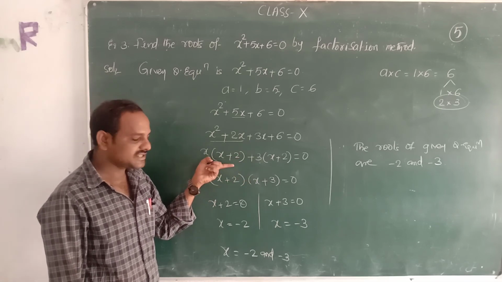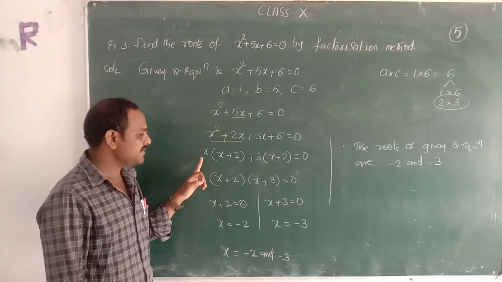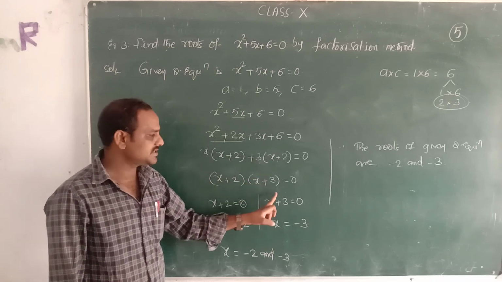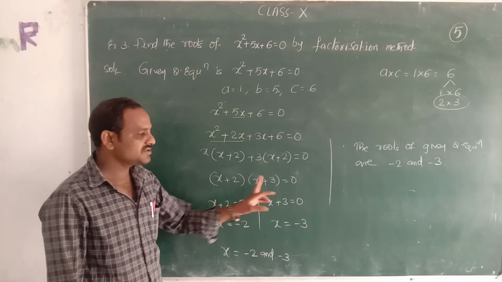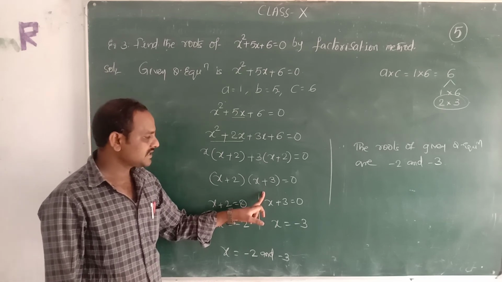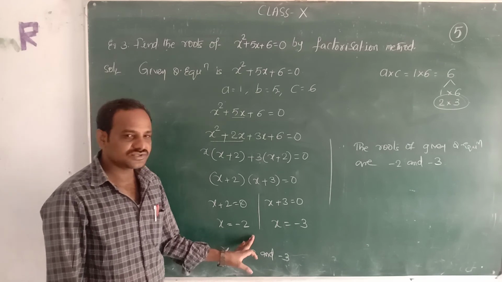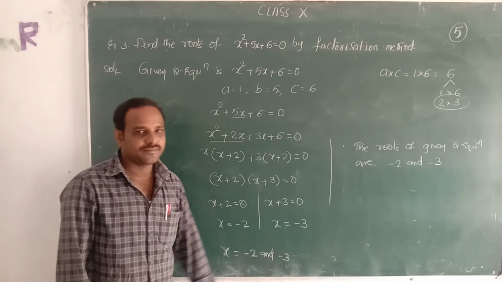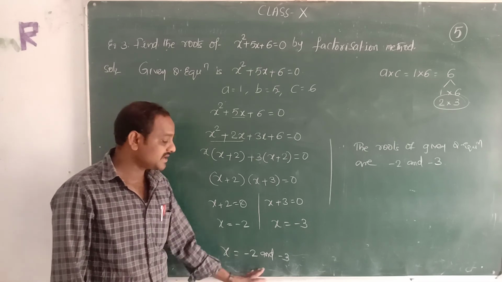From these 2 terms, taking x plus 2 as common, the remaining terms are x plus 3 is equal to 0. So once we equate x plus 2 equal to 0 and another time we take x plus 3 is equal to 0. Then we got x is equal to minus 2 and also x is equal to minus 3. Therefore the values of x are minus 2 and minus 3.